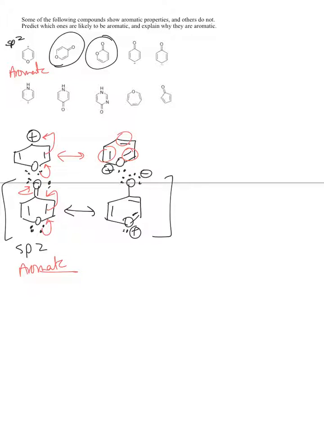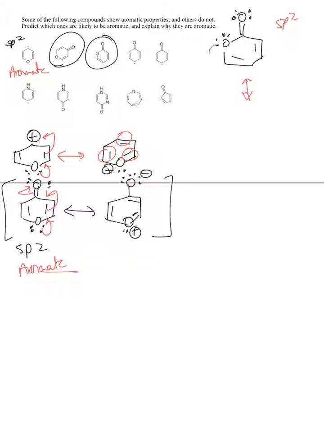Okay, let's redraw this compound and check out any resonance structures here. In this compound, every atom is sp2, and now let's see what kind of resonance structures we can draw.